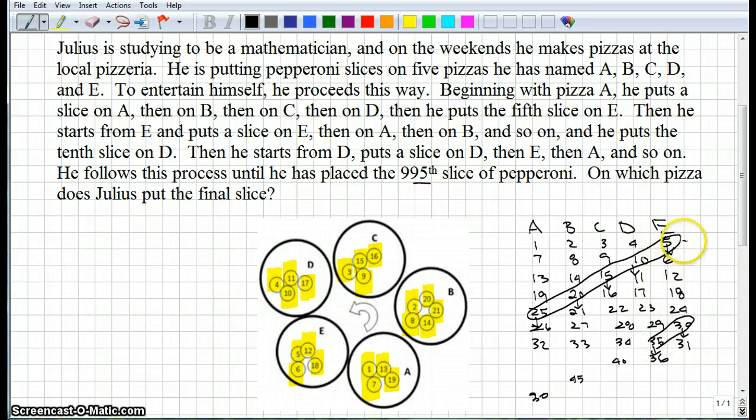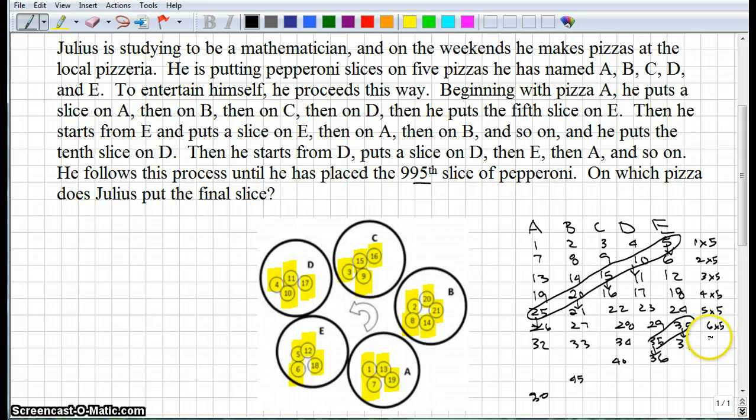So the first row contains the 1 times 5, and this contains the 2 times 5. This row contains the 3 times 5, and the 4 times 5. So we can determine the row that it's going to be on based on which multiple of 5 it is, right?